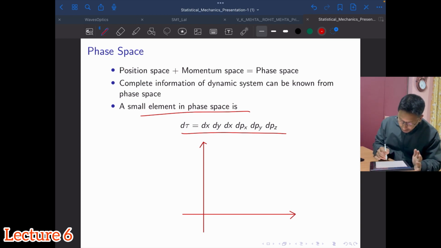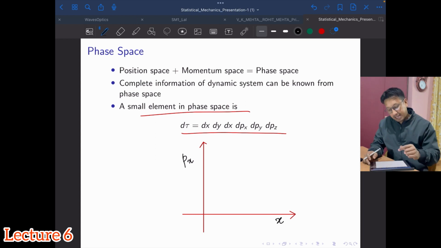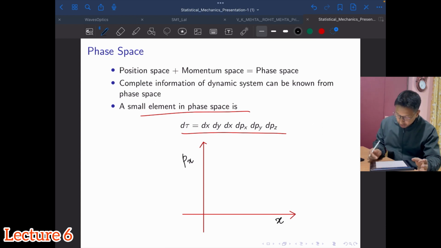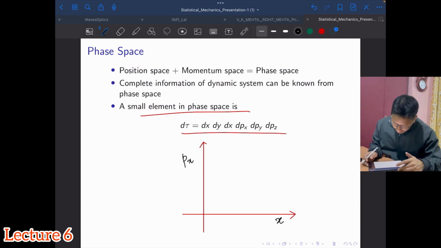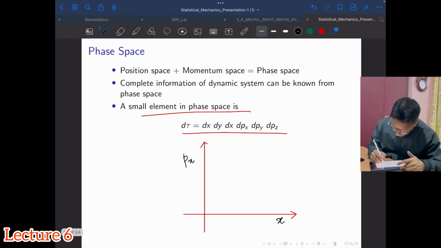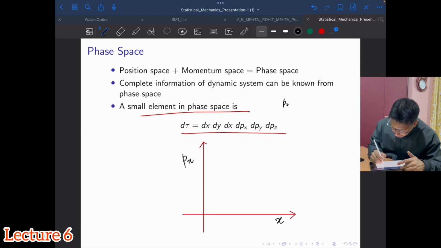Here I am trying to draw, let's say, the x-axis, and the momentum along the x-axis. So px is a representative of the momentum axis along the x direction, and the other is the coordinate axis in the x direction. Basically this x and px represent an energy sheet, because the energy of the particle or the system is typically represented by px squared plus py squared plus pz squared over 2m, which is equal to p squared by 2m.